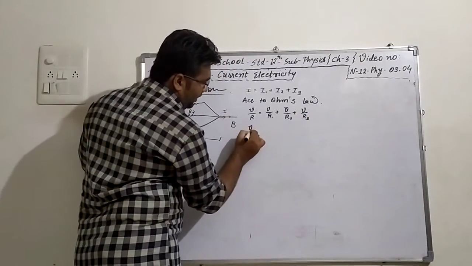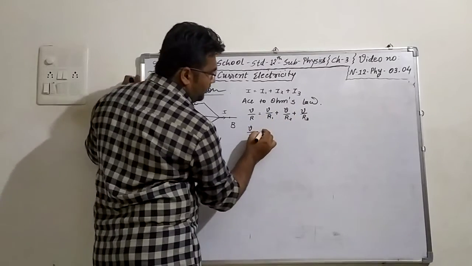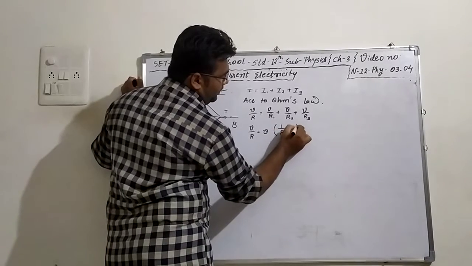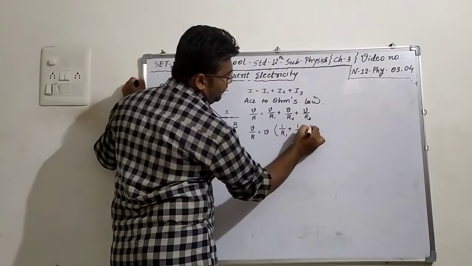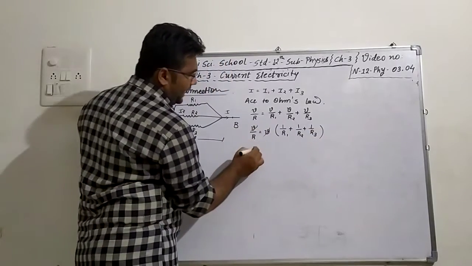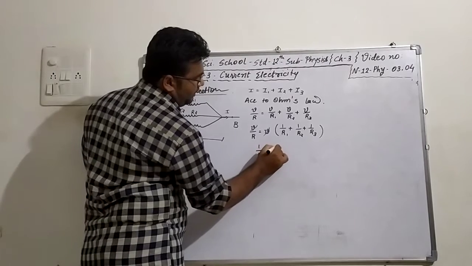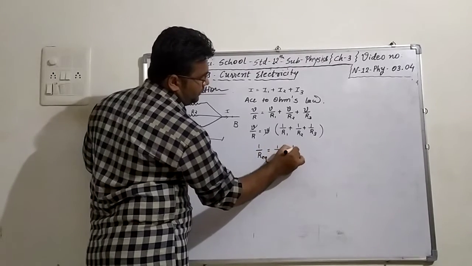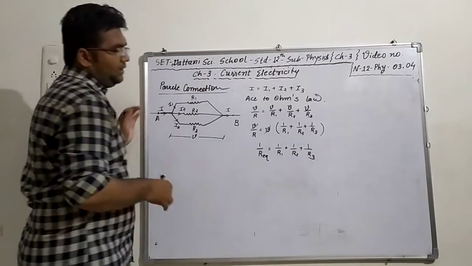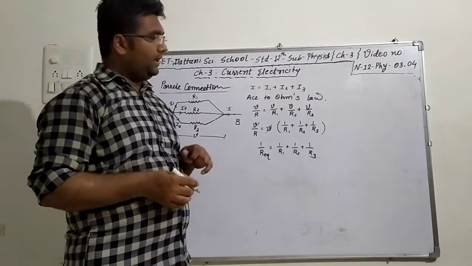So V upon R equals V common, times 1 upon R1, 1 upon R2 and 1 upon R3. V will be cancelled and we get 1 upon R equivalent equal to 1 upon R1 plus 1 upon R2 plus 1 upon R3. So this is the equivalent resistance for this parallel connection.